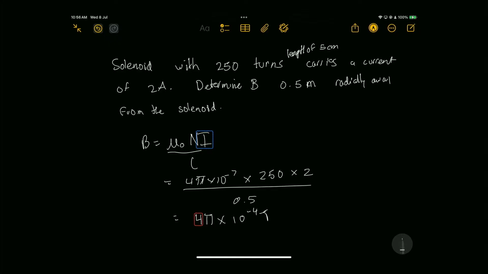Now in an electromagnet, we have something called a soft iron core, a soft ferromagnetic core. Right? Now we use the soft ferromagnetic core because, as we saw earlier, ferromagnets are strongly magnetized in the same direction as an external magnetic field.